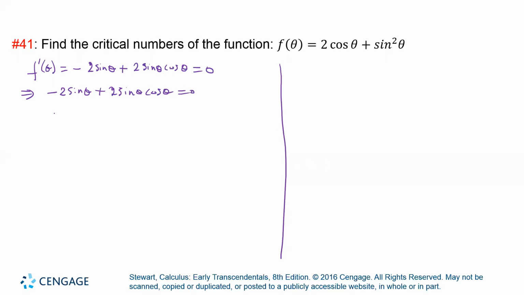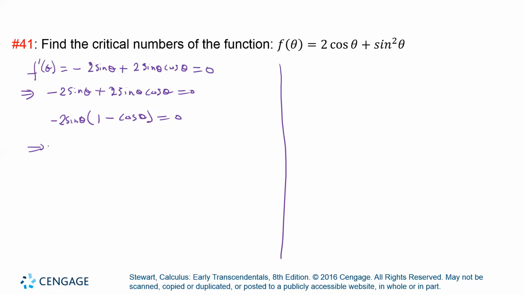Now let's factor sine theta out. We have minus 2 sine theta outside, and then we are left with 1 minus cosine theta equal to 0.